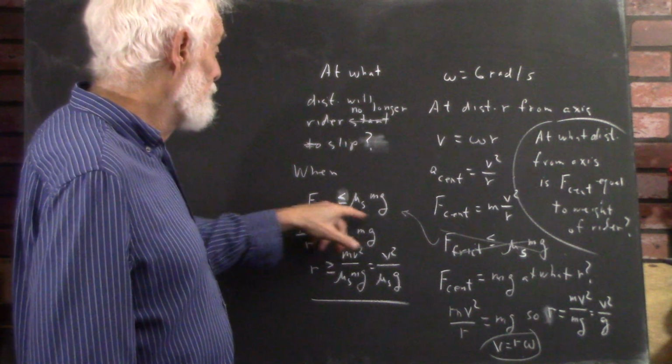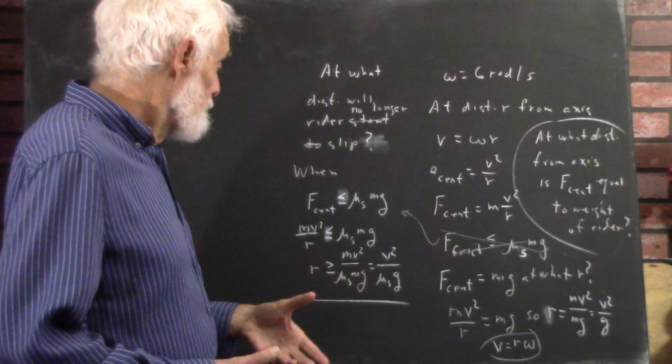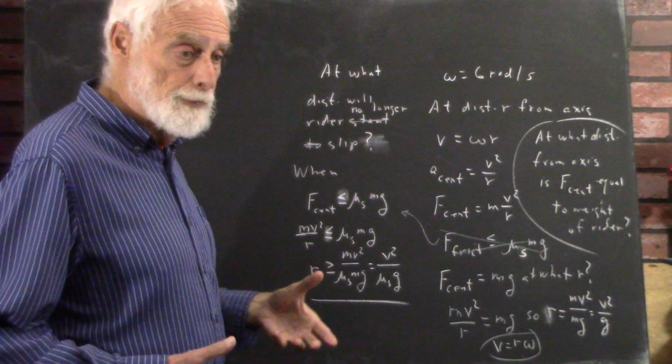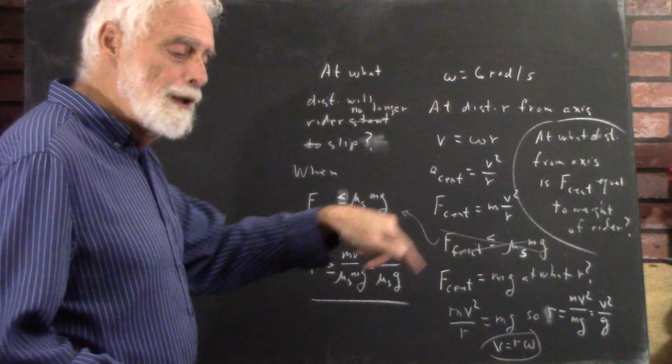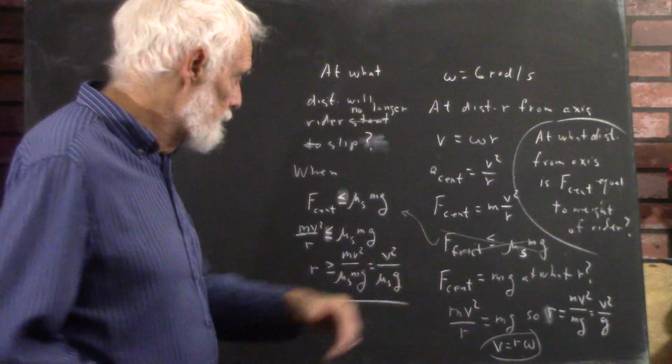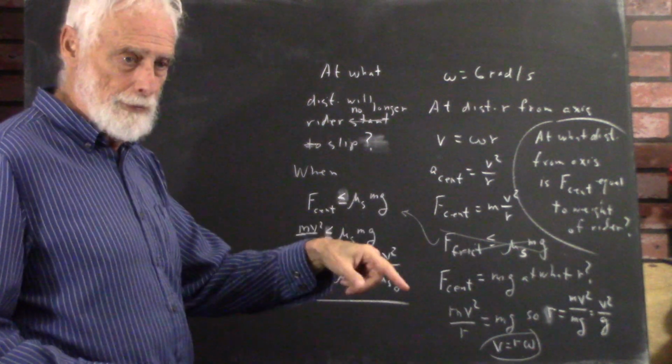If this is too big, you're not going to get the centripetal force from the frictional force. Frictional force will not be sufficient to hold you in that circle, and that's when you start to slide. It will not be sufficient to hold you in your circular path.